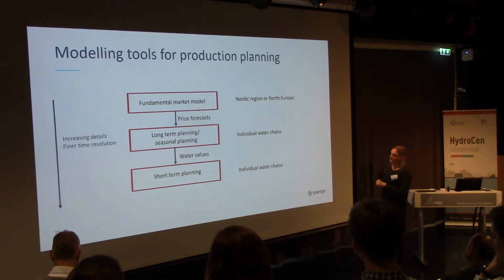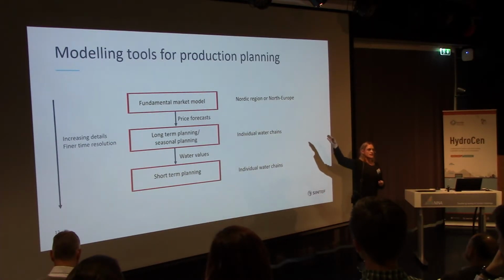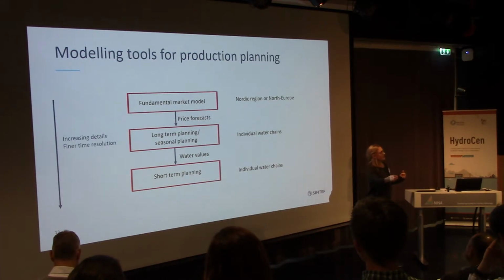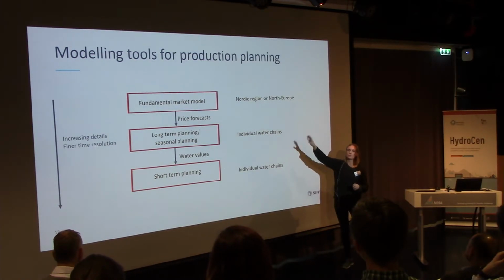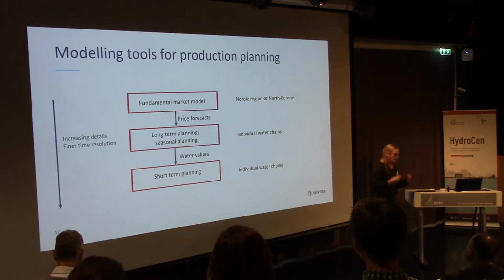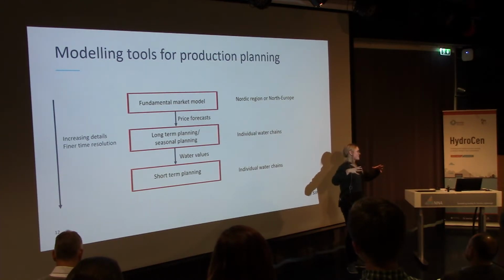And that could give a price forecast, and it can look at a long time horizon. And it's not going to be a good model to model your production for every single hour of the day, but it's a good starting point when you look at a large system.